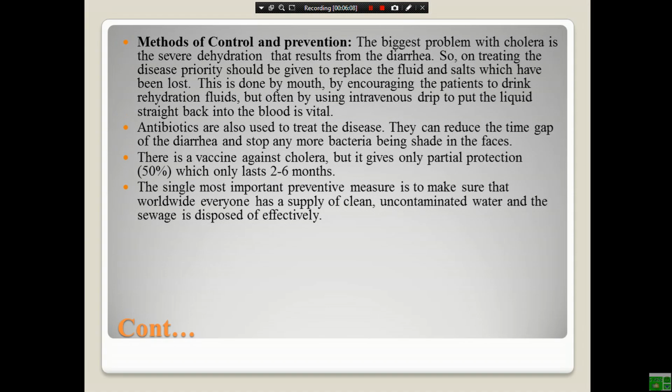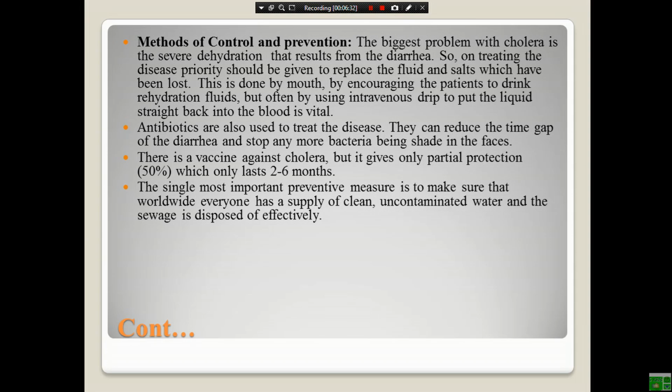One of the last topics of this lesson is how we can control or prevent this second bacterial disease, cholera. The biggest problem with cholera is the severe dehydration that results from the diarrhea. So, in treating the disease, priority should be given to replacing the fluid and the salts which have been lost.